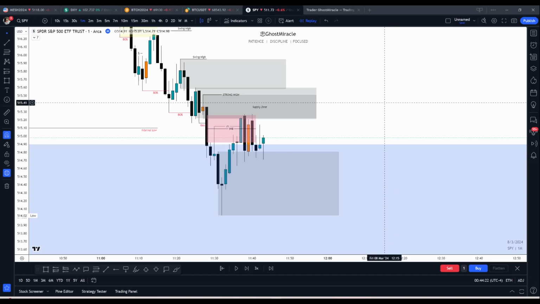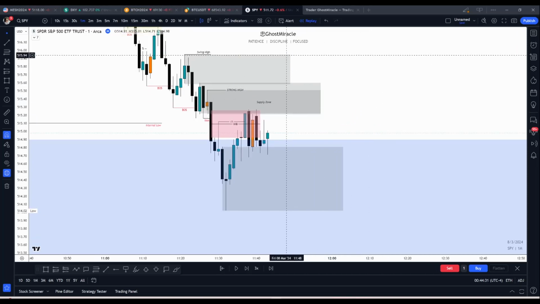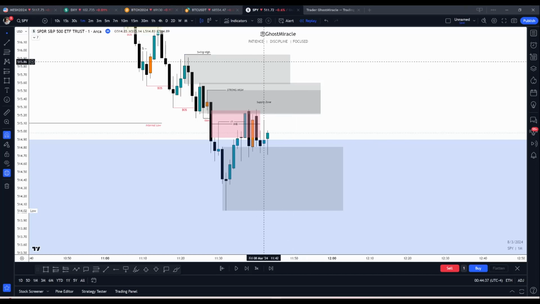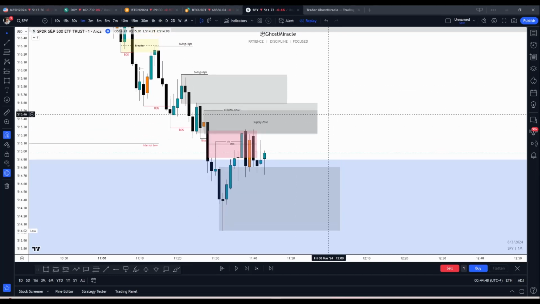And mitigation creates confirmed or stronger zones, right? So you want to buy or sell off a zone that mitigated something, because if this didn't mitigate this, then that means this has no purpose.